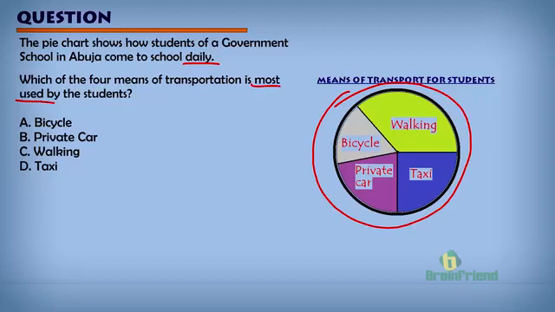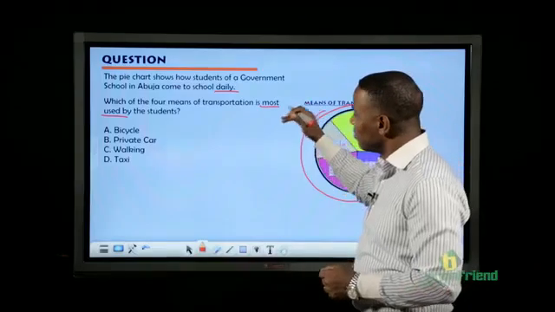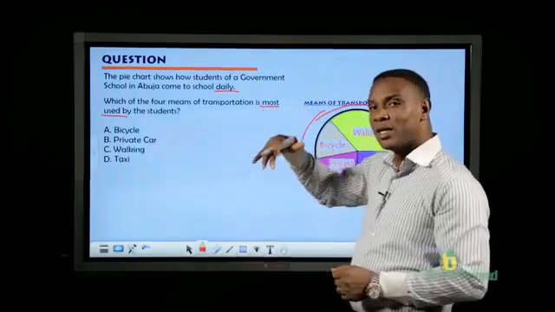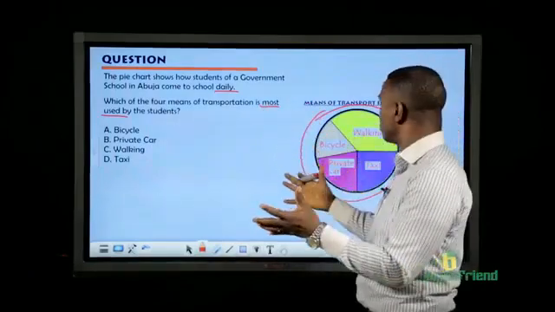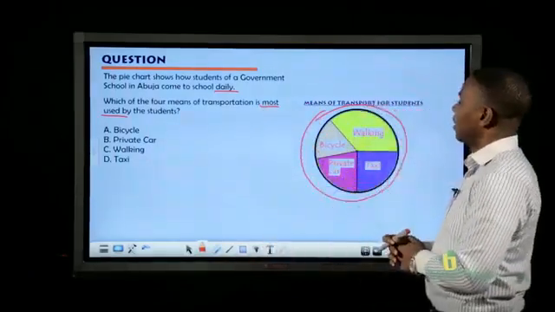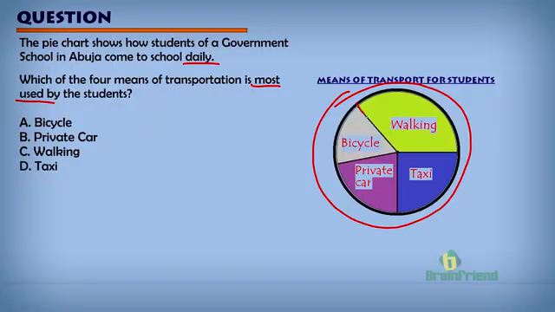From our question here, we'll simply know that the means of transportation that would be most used will be the slice or the sector of our pie that is the biggest. All right? So let's take a look at our pie here. At a glance, we notice that this sector here, which is the means of transport known as walking, has the biggest slice or the biggest sector. So quickly, we simply know that walking is the means of transportation that is most used by the students.